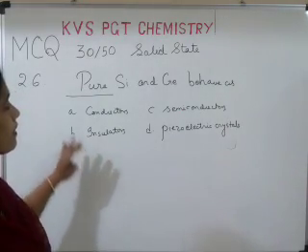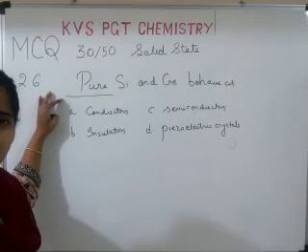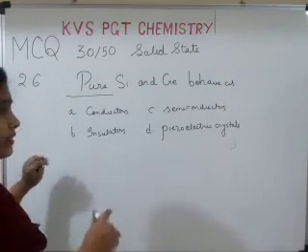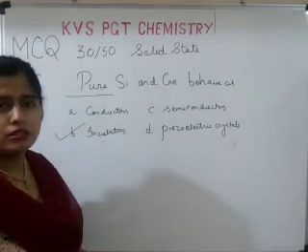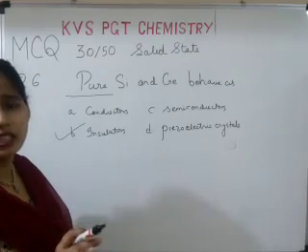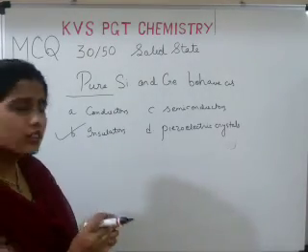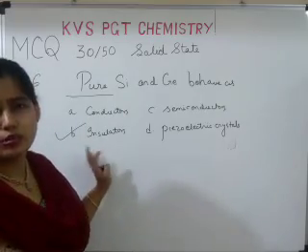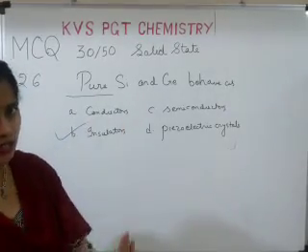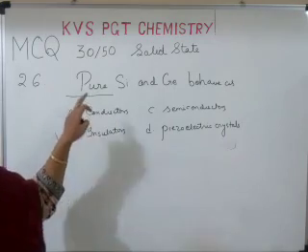Now, when speaking about pure silicon and germanium, our answer is insulator. Because in the pure state there is no conductivity, or there is very poor conductivity, so it is behaving like an insulator. In the pure state, always mind the word pure, right?